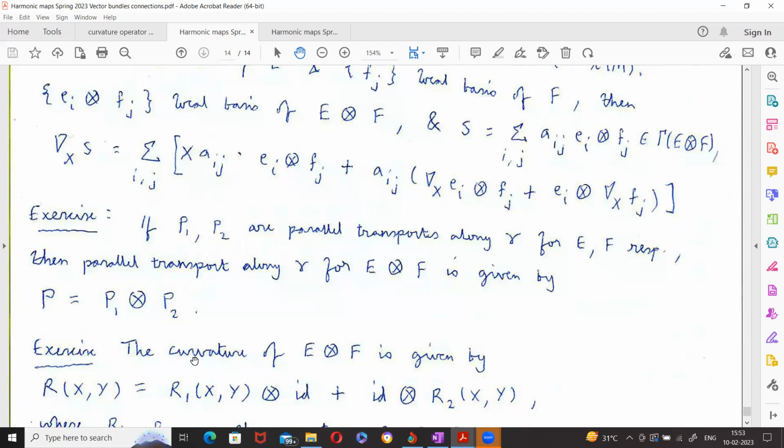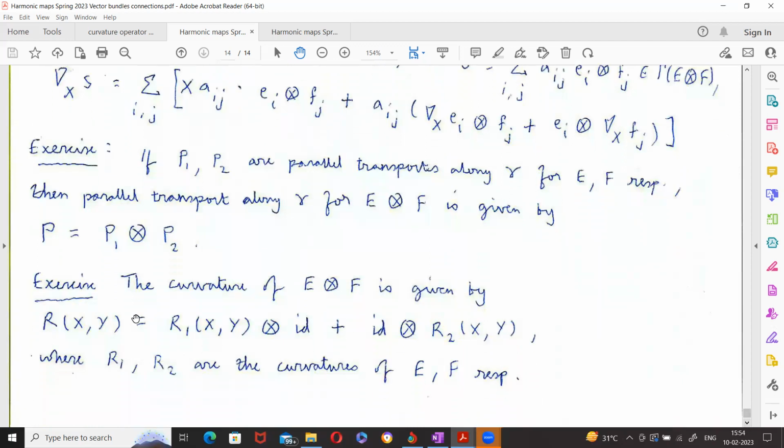And again, as an exercise, you can compute the curvature of E tensor F. This will be R of xy. So this is an endomorphism of the tensor product, this R of xy, right? So this is going to be the curvature of the first bundle E, R1 of xy, tensor the identity.